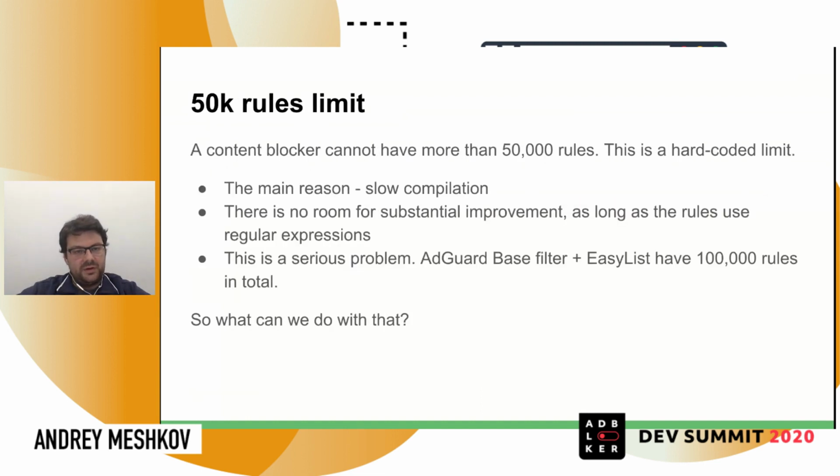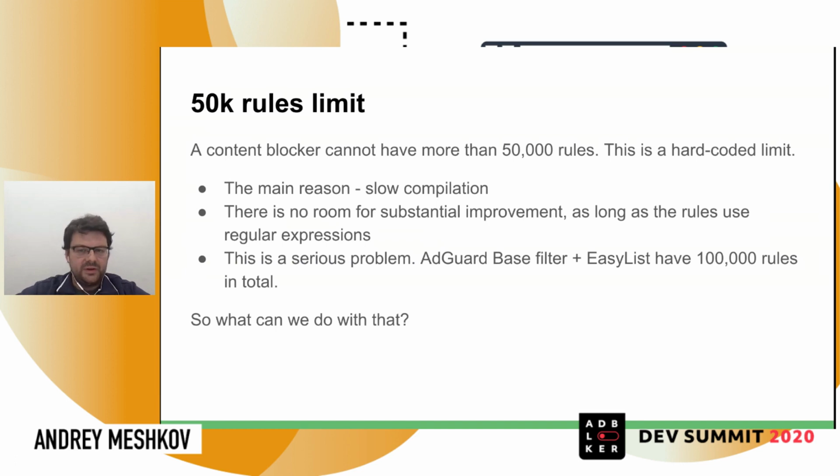So next, now that we know that the compilation is quite slow, it is easy to understand the next limitation. A single content blocker cannot contain more than 50,000 rules. And this is a hard-coded limit. You can't change it. We were told by WebKit developers that the main reason for this limitation is how slow the compilation is.